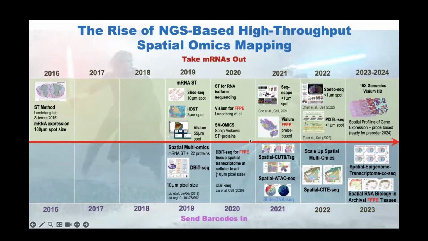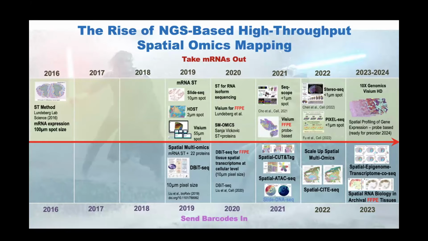Since I'm speaking here, I'm going to highlight some of our own work in this space and what is unique and well differentiated in this whole space. We don't really take messenger RNA out. Instead, we send the spatial address codes into the tissue. The tissue itself is in the reaction chamber. You can perform a variety of different chemistries to look at gene expression in the transcriptome.